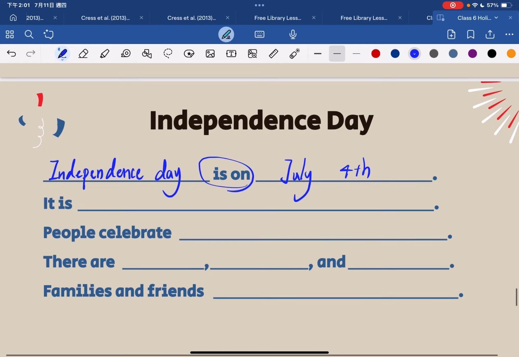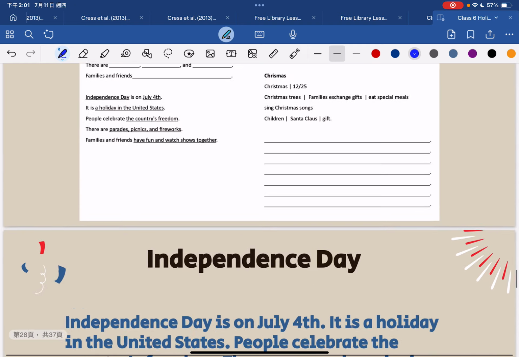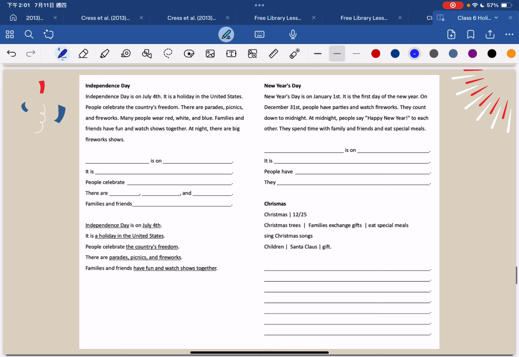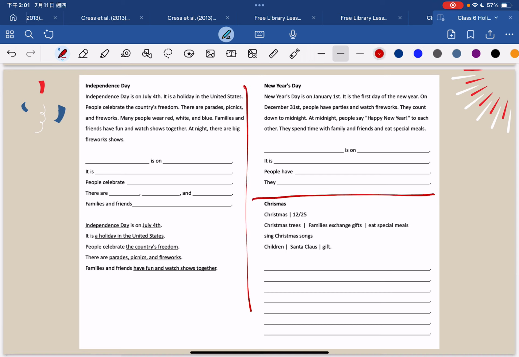On the worksheet, there are 3 different parts. The first one is the easy part, the second one is the middle one, and the third one is the hardest one. The first and the second are pretty much the same, but in the first one I have entered the answers underneath.